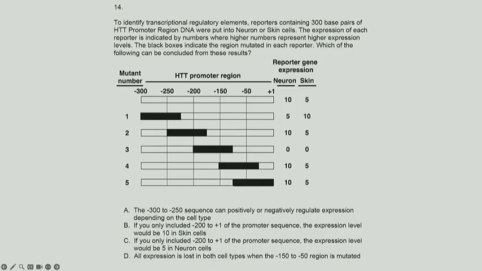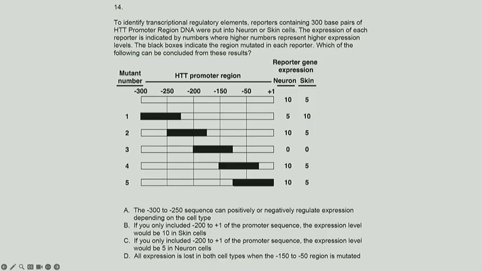If you just mutagenize minus 250 to minus 175, you don't get any change in expression. So if I'm only working with the minus 200 to the plus 1, I've lost the regulatory element that's in 1. Whatever is controlling neuron and skin to be 5 and 10 gets lost in the minus 200 to the plus 1.